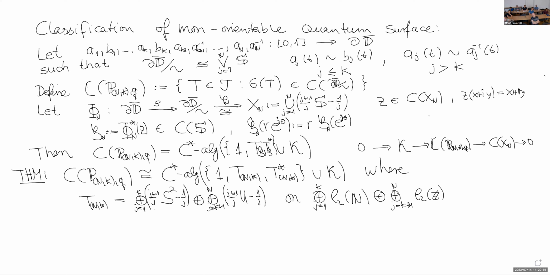Okay, and then the proof is nice if you like this theory. There is a theory of extensions. We are looking for extensions of C(X_N) over the compacts. Usually one doesn't write it.